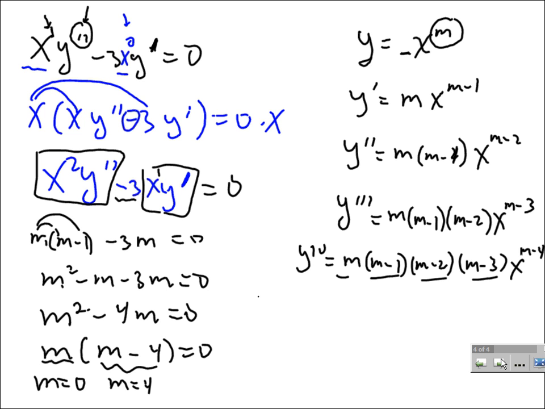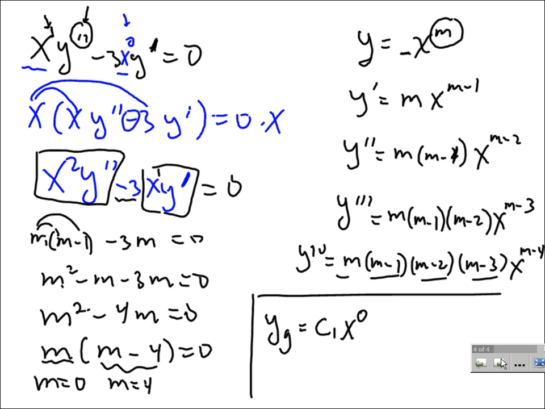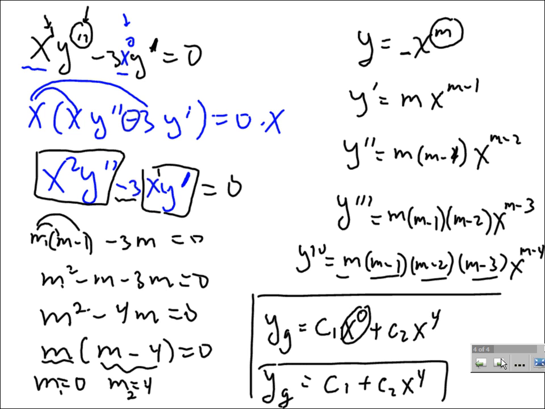So now I can write down the general solution. y general is C1 x to the m1 plus C2 x to the m2. That's m1, m2. I would finish this, that is simplify. We're multiplying the C1 with x to the 0, that x to the 0 is 1. C1 times 1 is C1 plus C2 x to the 4th. And there is your answer.